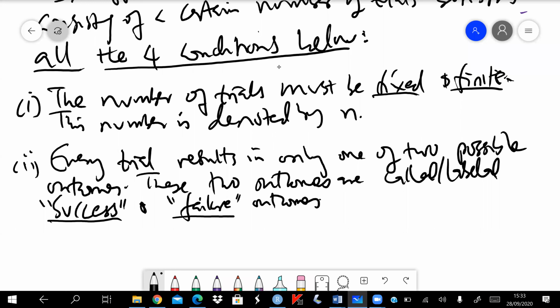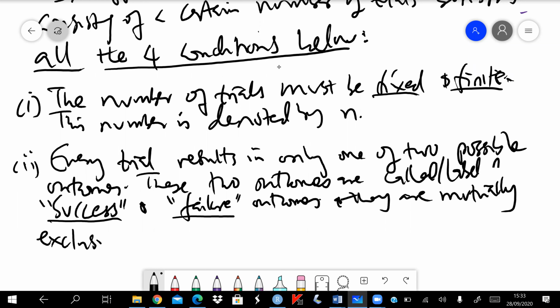So we're saying that we have the success and failure outcome, and they are mutually exclusive. Mutually exclusive means that they cannot occur simultaneously in the same trial. That means once one of them happens, it means that the other one cannot happen or has not happened.